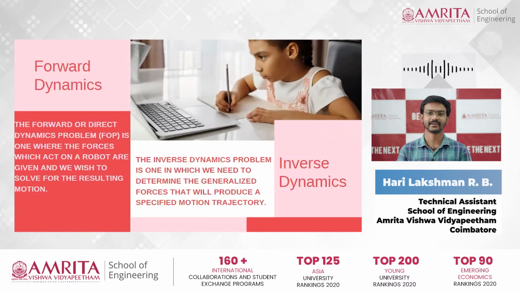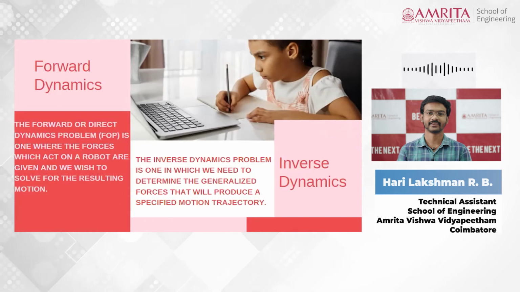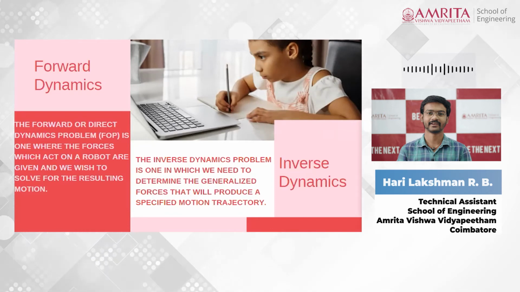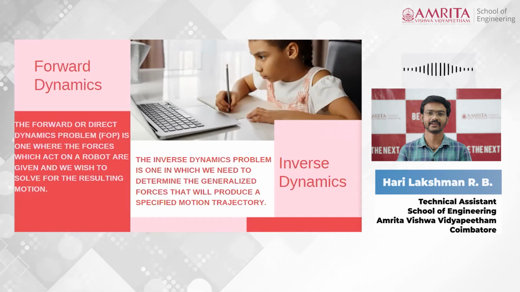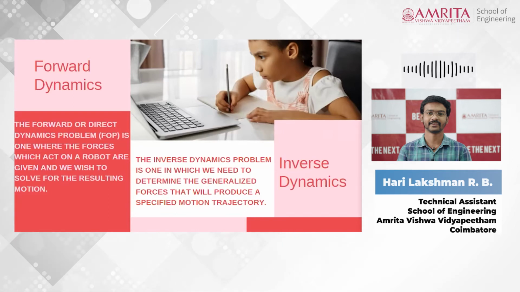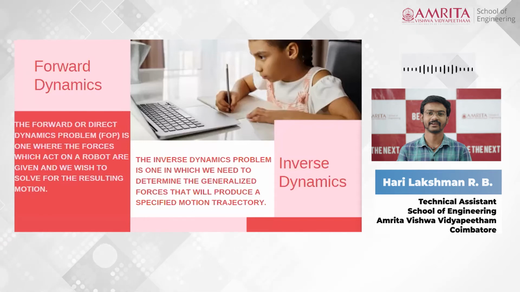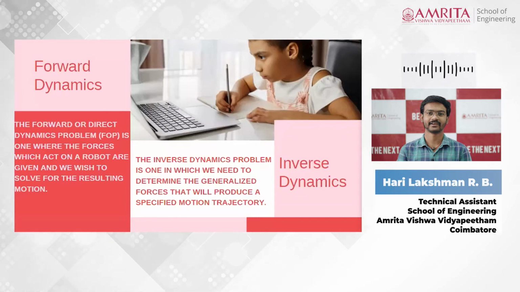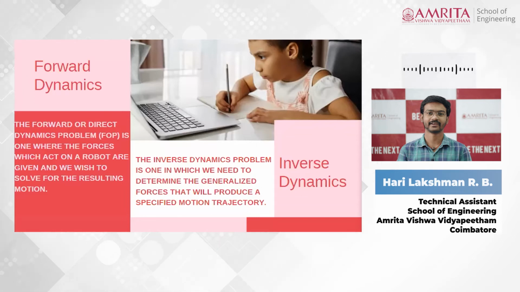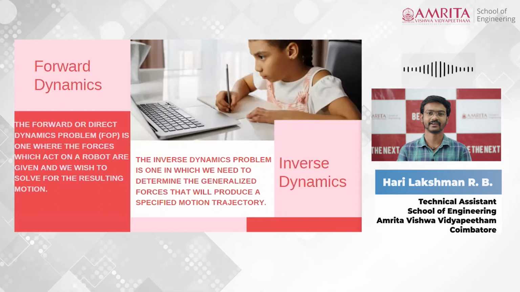So the forward or direct dynamics problem, which we also call FDP. The forward dynamics problem is one where the forces which act on a robot are given and we wish to solve for the resulting motion. As we spoke earlier about the motion and the forces applied on a robot, here comes how we are going to solve it.